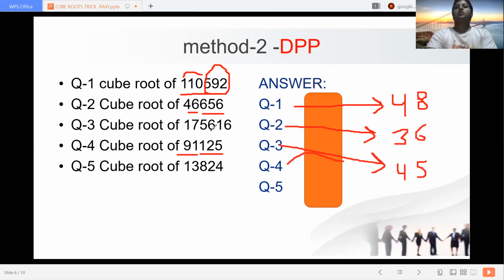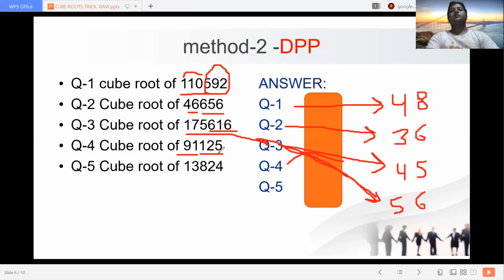Question number 3: last digit is 6, so answer must carry a 6. Remaining digits: 6 cube is 216, just larger, therefore answer must carry a 5 also. Answer is 56.